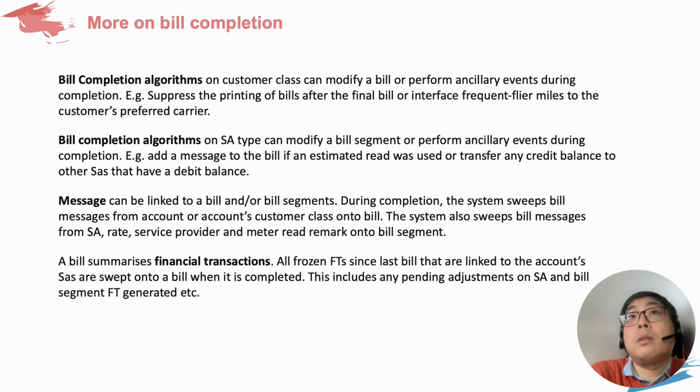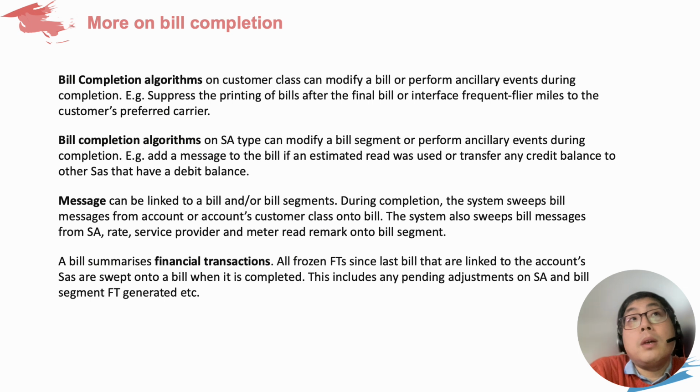But I would say normally pick one of these two. I would say probably the bill post algorithm is better than the bill completion algorithm because of the reason I just specified.